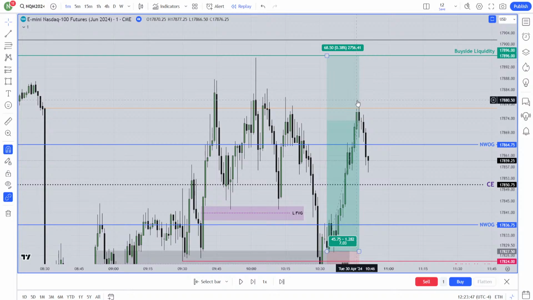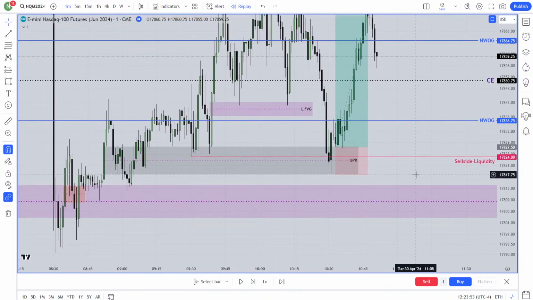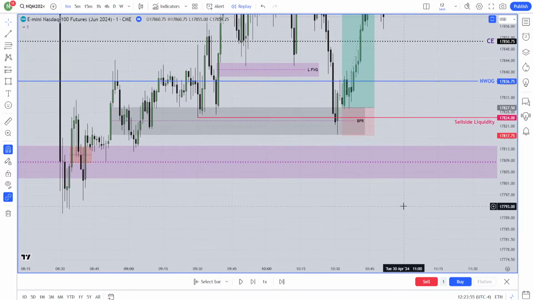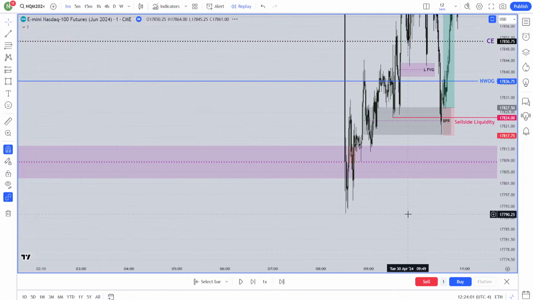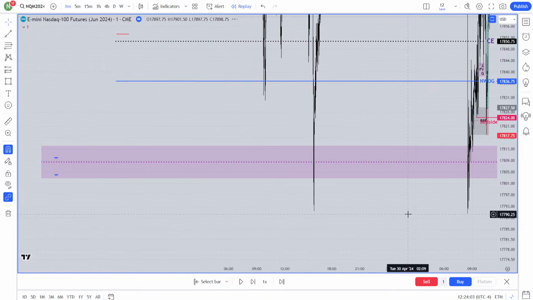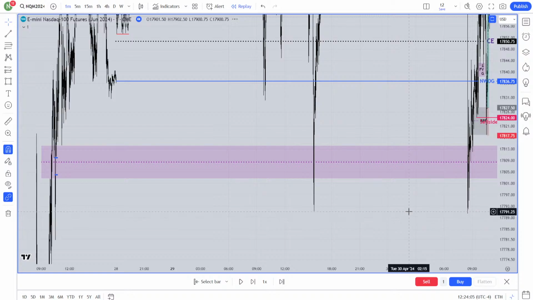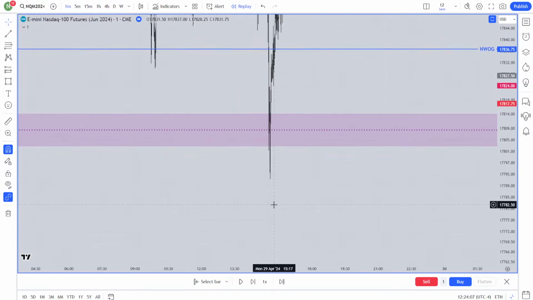There was sell side liquidity at 17790.5. It's equal though, 17790.5. What is it? Brother, it's not an equal low.